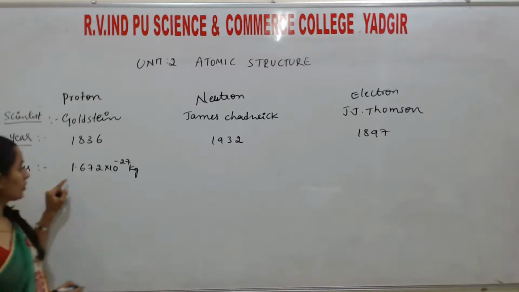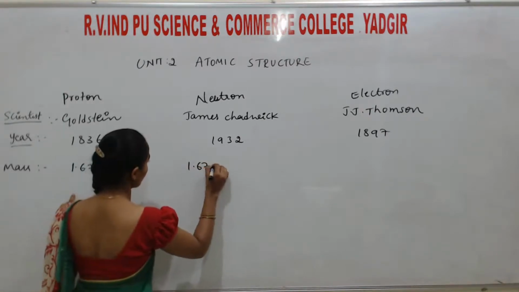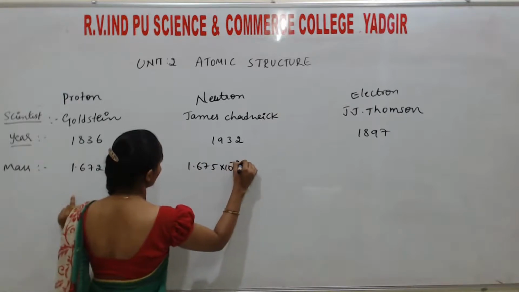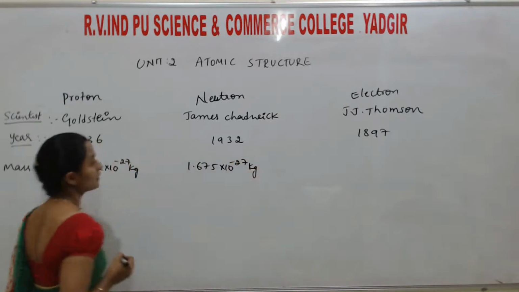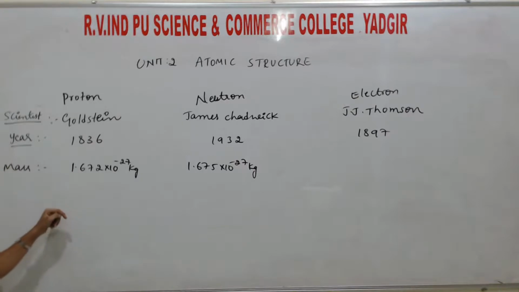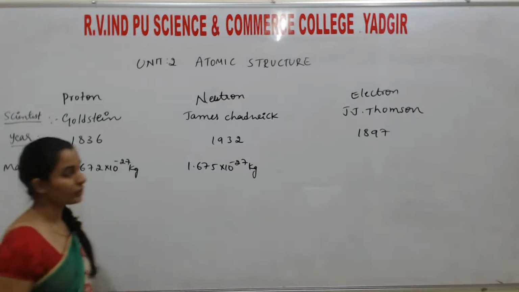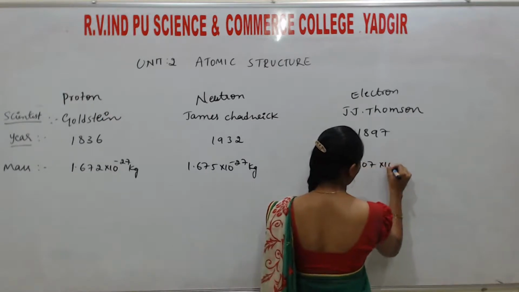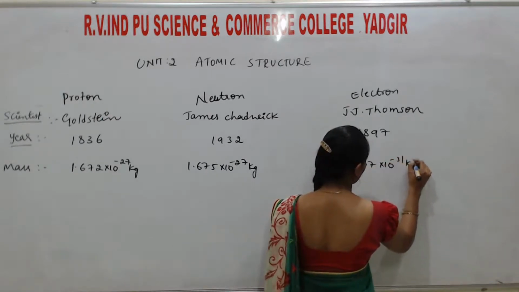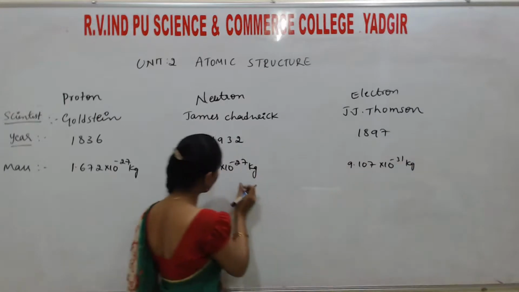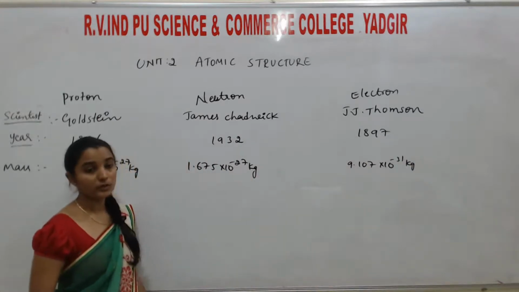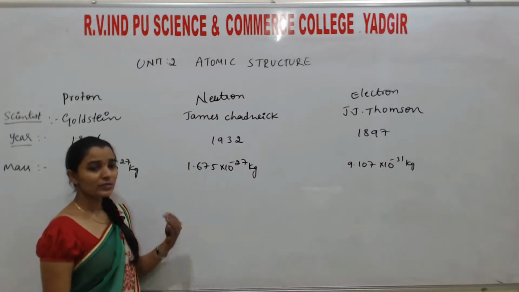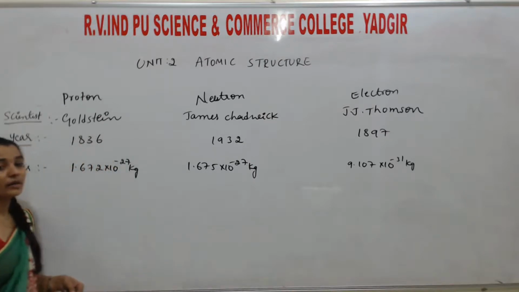The mass of neutron is also 1.675 into 10 to the power of minus 27 kg. Okay. The mass of electron is 9.107 into 10 to the power of minus 31 kg. So students, see the difference here. Here 27 is there, here 31 is there. A minus power means it is a very small value.